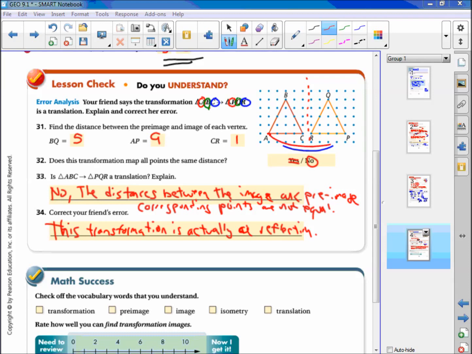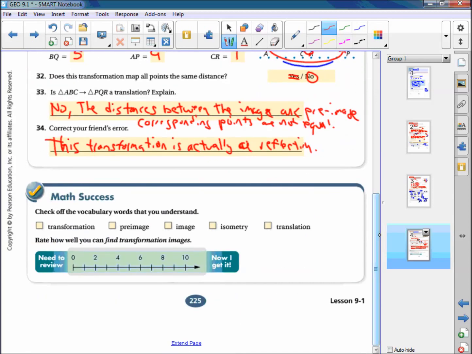So A flipped really far because it was far away from the mirror, and C didn't flip very far at all because it was really close to the mirror. So a reflection is a transformation, and it is an isometry because it doesn't change the shape. The shapes are still going to be congruent, but it moves it around in a different way. It flips it upside down.